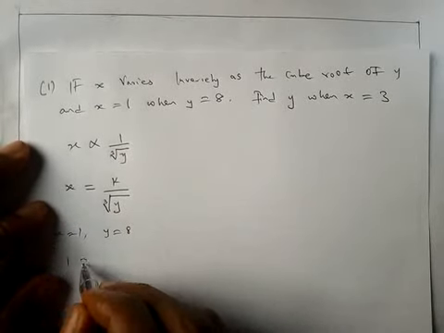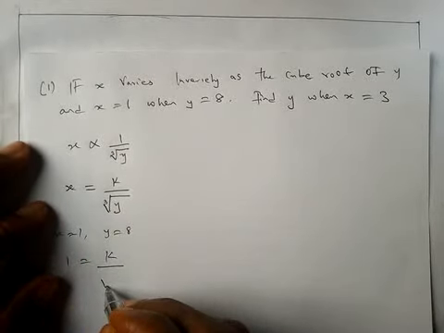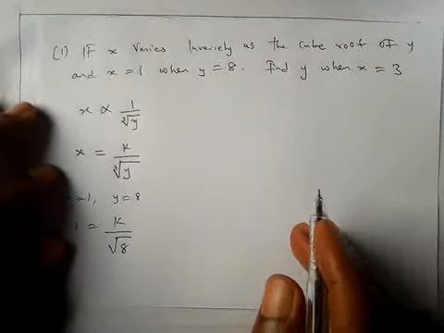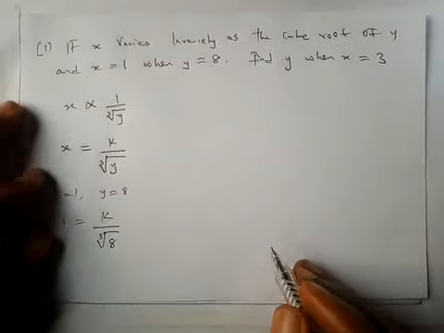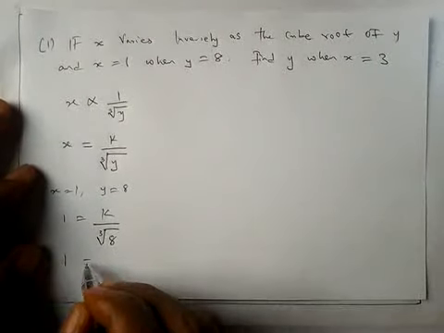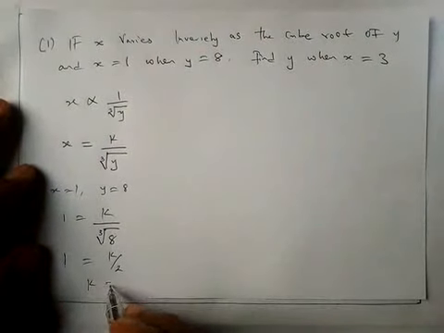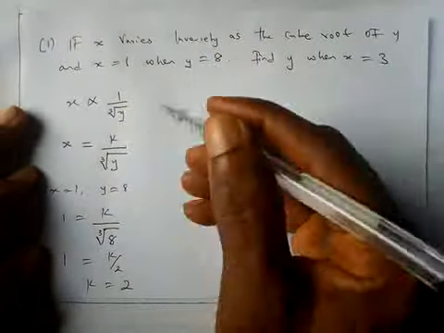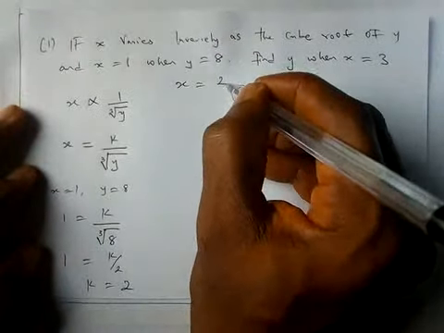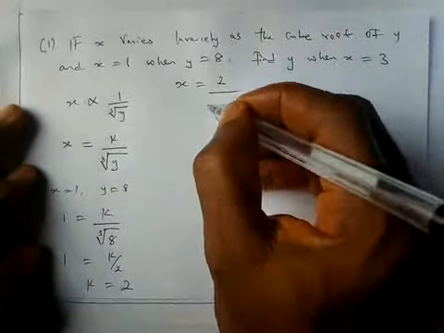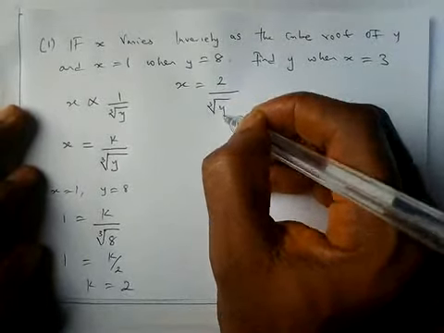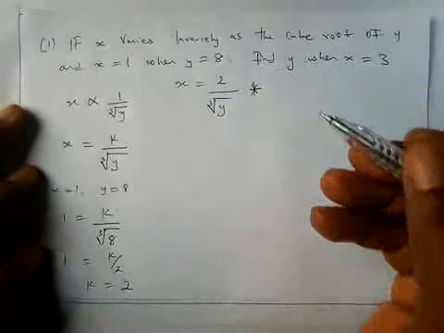The cube root of 8 is 2. So 1 is equal to k over 2, so k is equal to 2. Putting it here, we get the relationship: s is equal to 2, which is now k, over cube root of y.